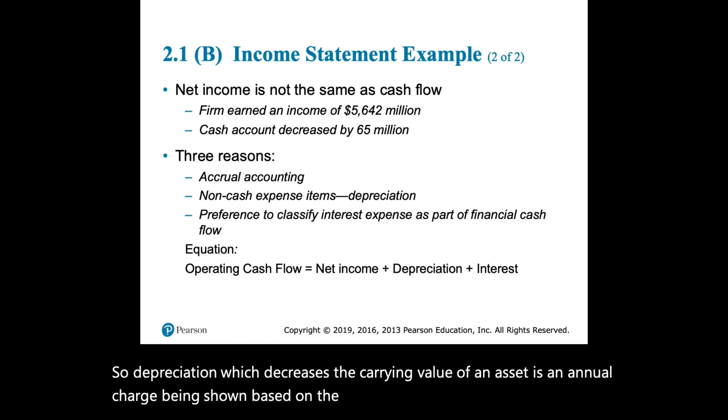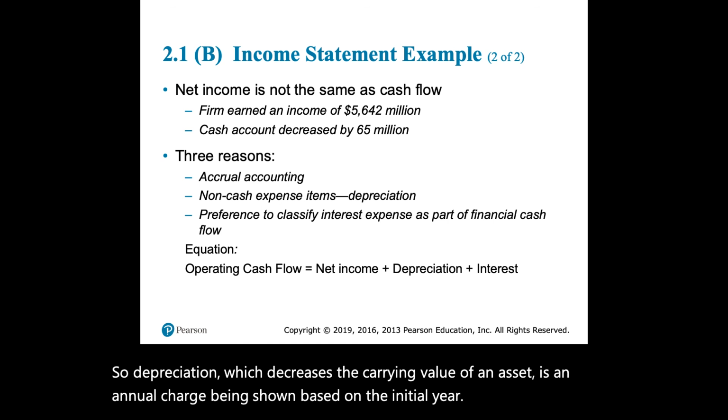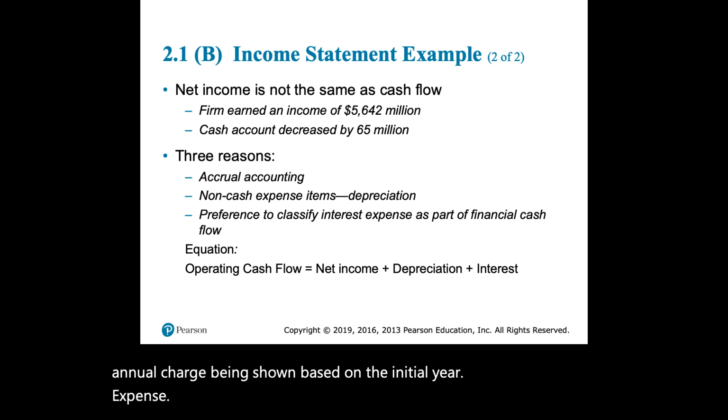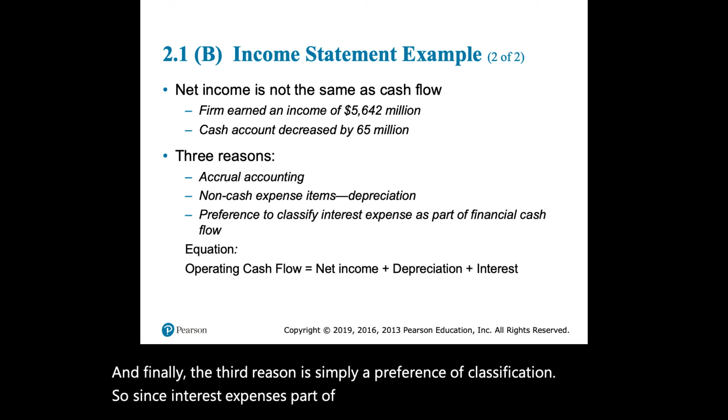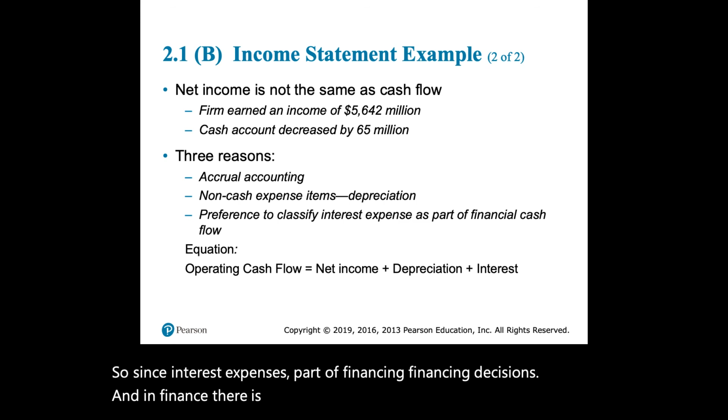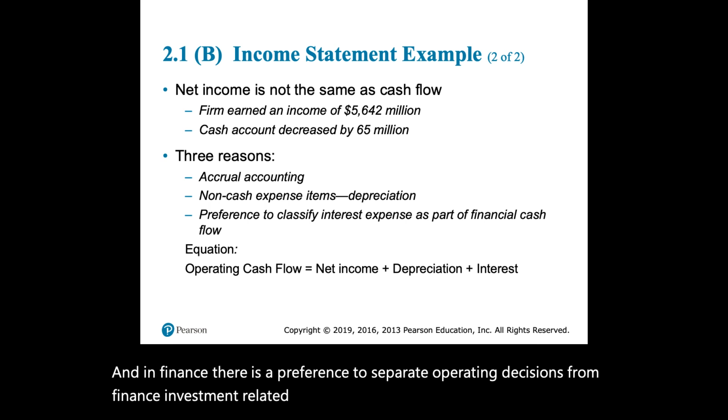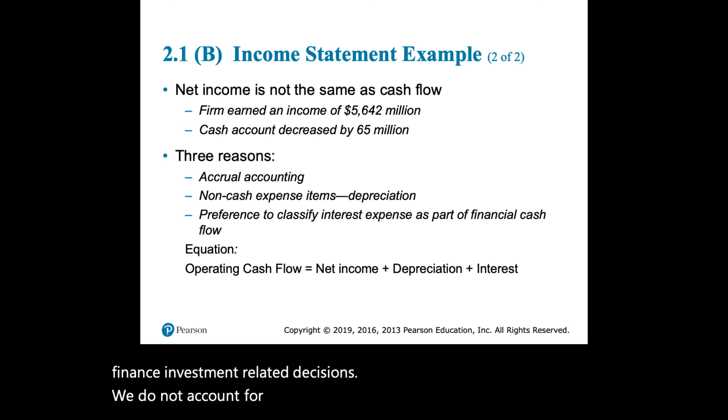And finally, the third reason is simply a preference of classification. Since interest expense is part of financing decisions, and in finance there is a preference to separate operating decisions from financing and investment-related decisions, we do not account for the interest expense in the operating cash flow because it's not an operations decision.